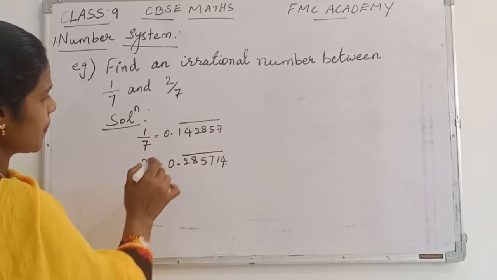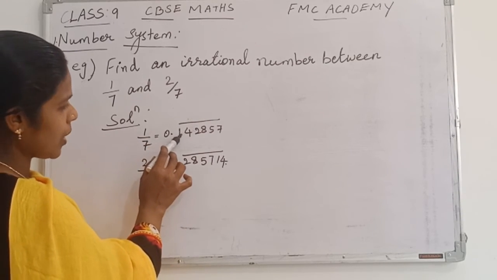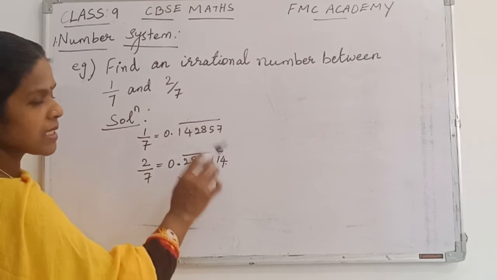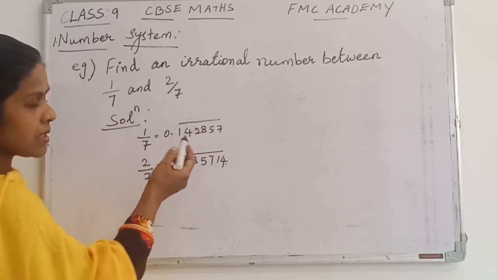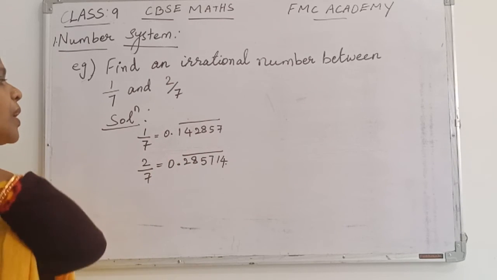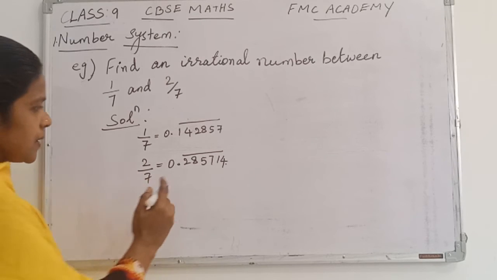So now just observe, here it is 0.14, it is going on this way, and here it is 0.2857, it is going on. So between these there are many numbers. You just have to write any one number. So any number you can write as you like, right?